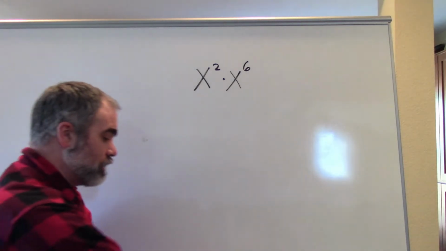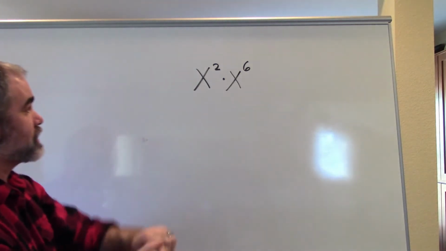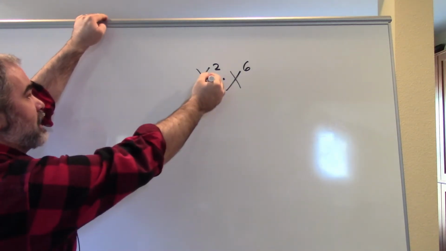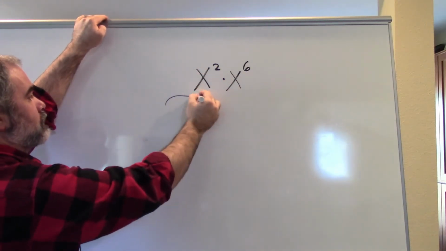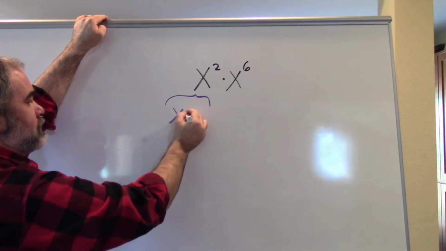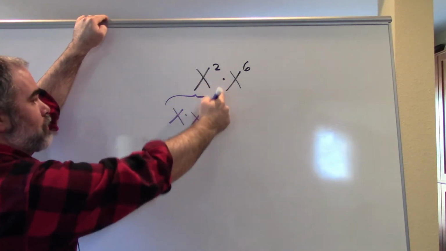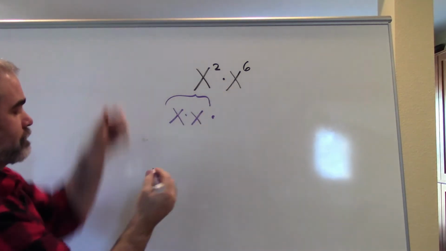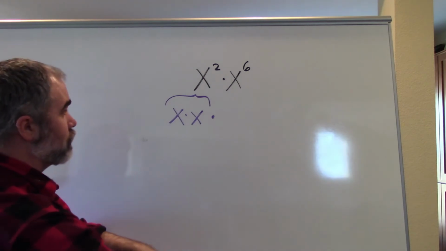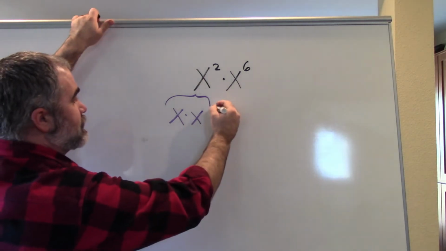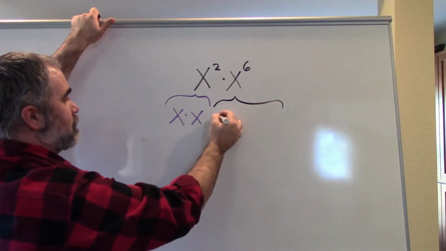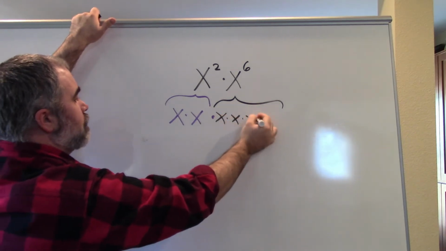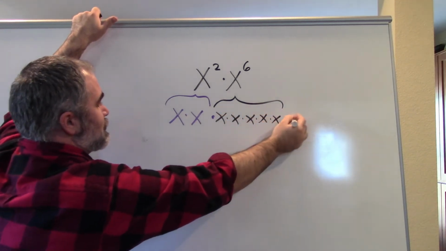Now the way that we're going to solve this is just like last time. We're going to break this up into its parts. X to the 2nd power, x squared, is x times x. I'm going to bring my multiplication symbol down. And this other one is x to the 6th power, which means x times itself 1, 2, 3, 4, 5, 6 times.